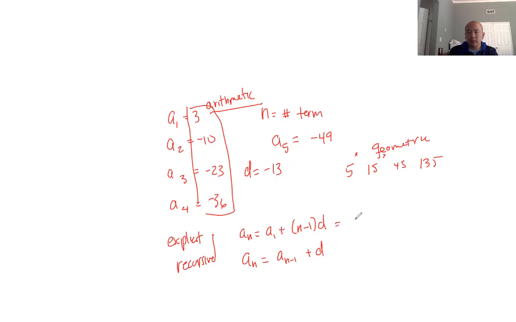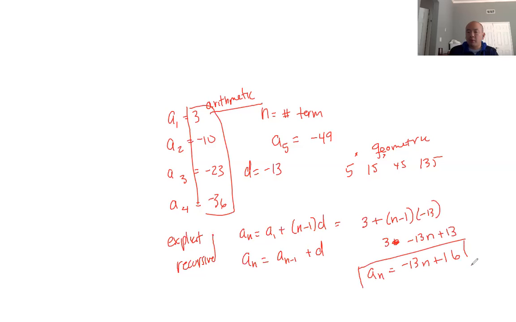The first term is 3, plus n minus 1 times the difference, and you're subtracting, so it's -13. If you distribute that, that's 3 minus 13n plus 13. Combine like terms, and it would be -13n plus 16. So a sub n is equal to this.